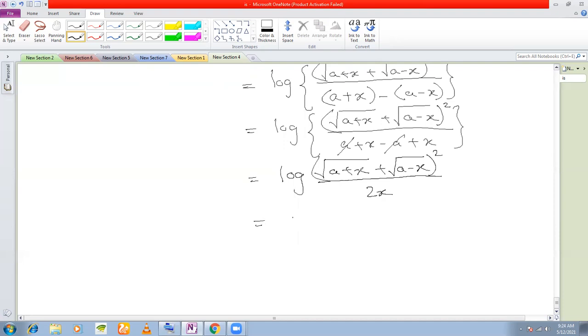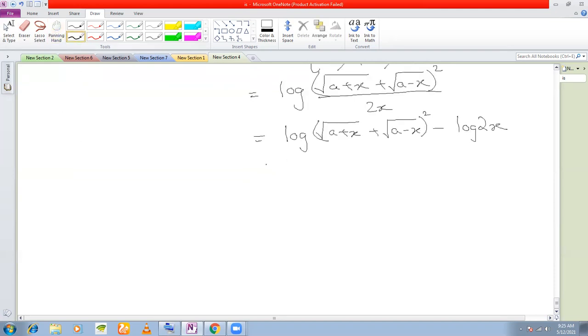Now this is log m by n form, so you write it as log m minus log n. So log root a plus x plus root a minus x whole square minus log 2x. So this is twice log. Now by using the power rule, this 2 should come here, right? So this is twice log root a plus x plus root a minus x minus log 2x.